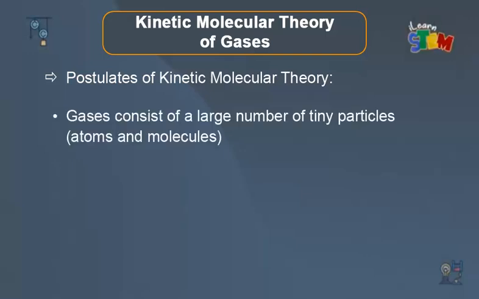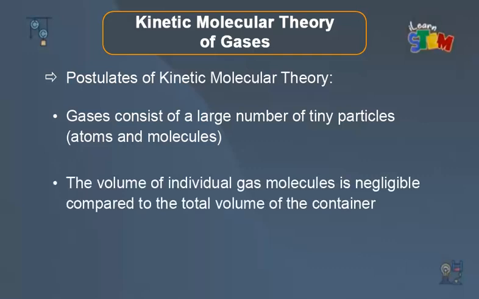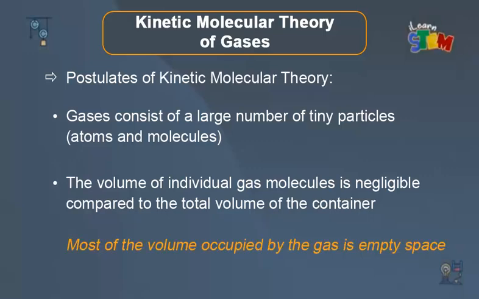Gases consist of a large number of tiny particles, atoms and molecules. These particles are extremely small compared to the distance between the particles. The volume of individual gas molecules is negligible compared to the total volume of the container. Most of the volume occupied by the gas is empty space.